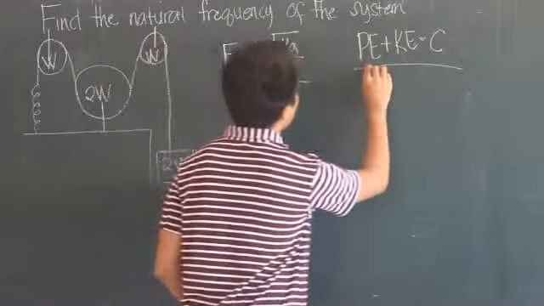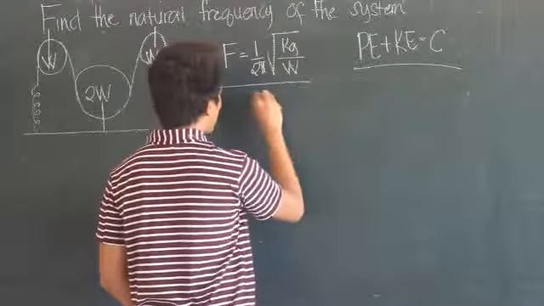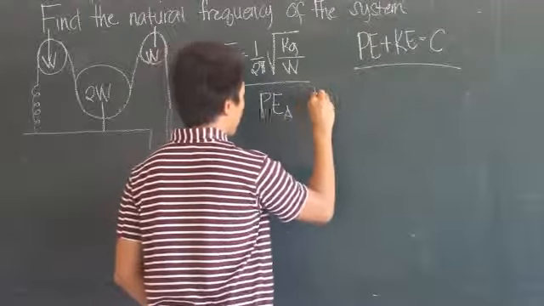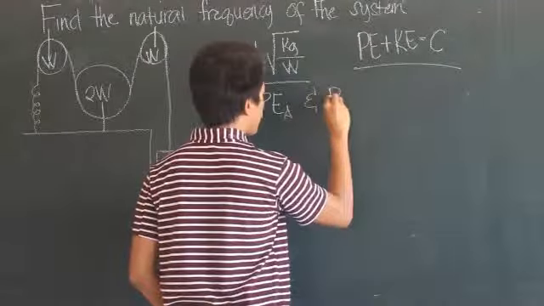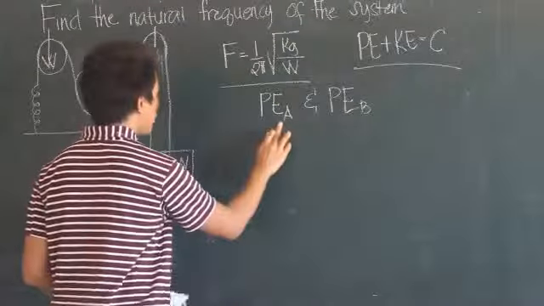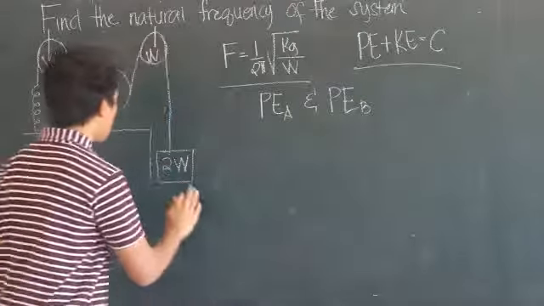So, PE, or the potential energy, is divided into two parts, PEA and PEB. Potential energy A is the potential energy of the weight.